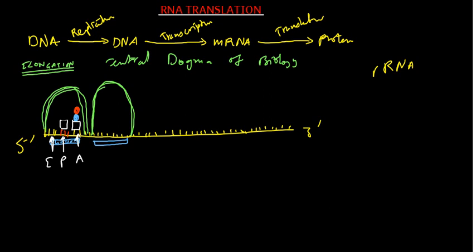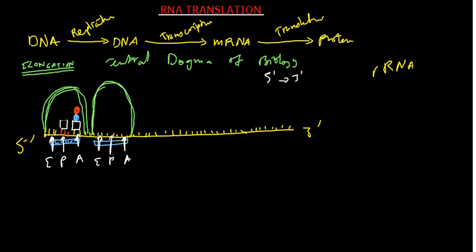Still, even when it moves, we always have the E site, the exit site, and then this is the P site, and then this is the A site. So what happens is, it is always moving in the 5' to 3' direction. Let's take note of that.